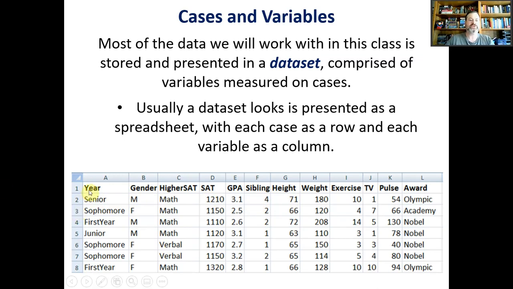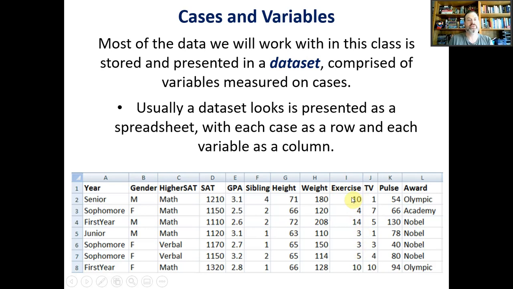So here our variables are year, gender, highest SAT score, GPA, number of siblings, height, weight. And then you can see other things. So these are kind of codes. This just says exercise and there's a bunch of numbers. Well, what do you suppose that represents? It turns out that this exercise is hours per week.